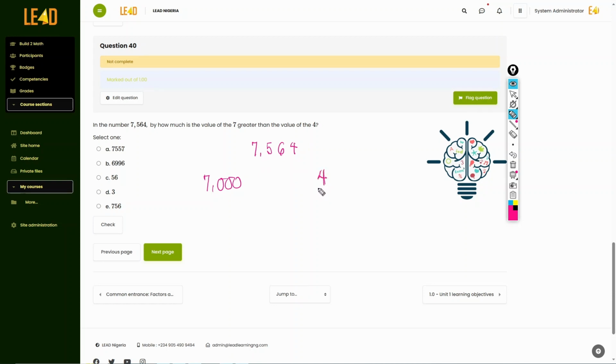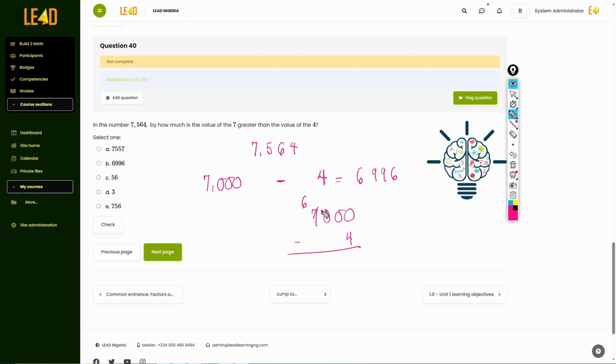So by how much is the value of the 7, which is 7,000, greater than the value of the 4? So we need to subtract. If you subtract this, you would get 6,996. Let's do the math. 7,000 minus 4. If I borrow 1 here, I would have 6.